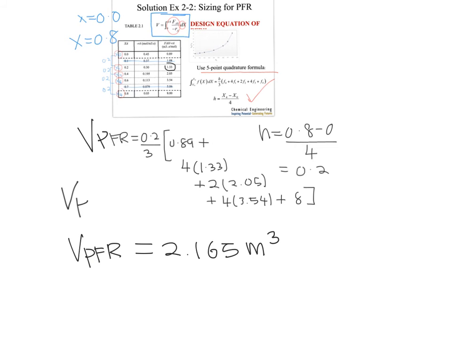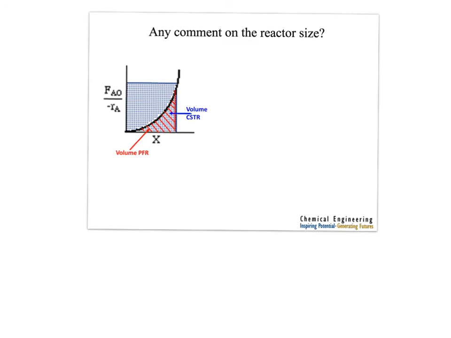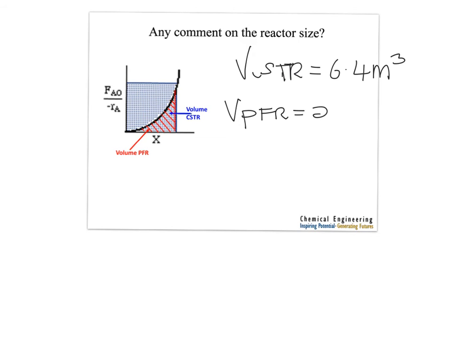Okay, so compare with your CSTR volume. Remember your calculated V_CSTR equals 6.4 meter cube and your V_PFR equals 2.165 meter cube. So for the same process, your PFR required less volume compared to your CSTR.